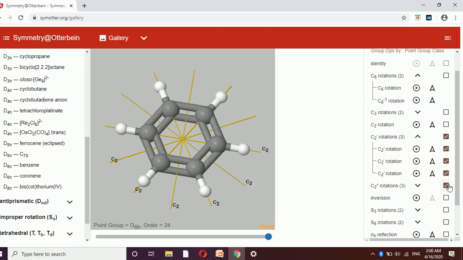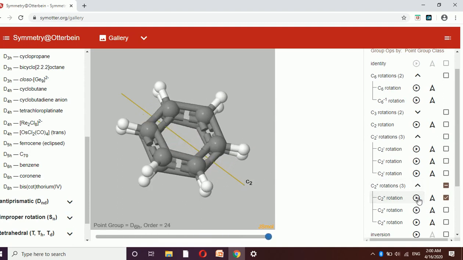They are all passing through the center of the carbon-carbon bonds, which are facing opposite. You see that? Yes. Now you rotate that. This is another kind of C2.